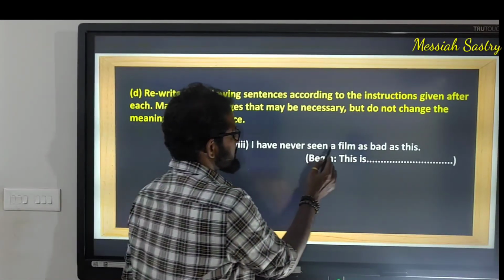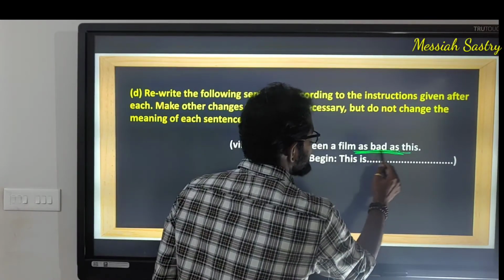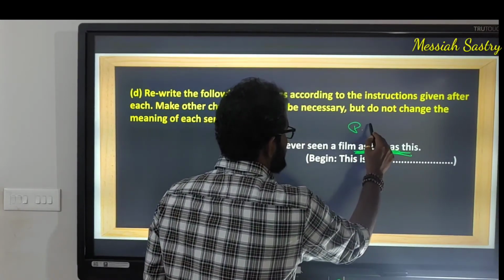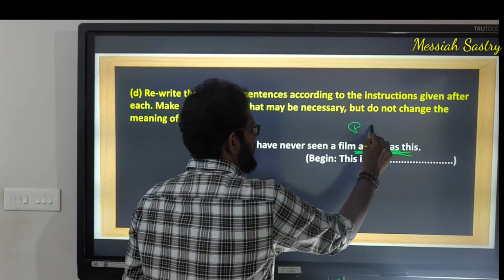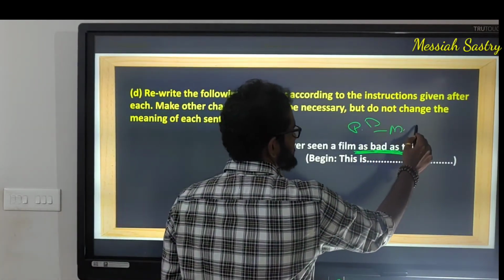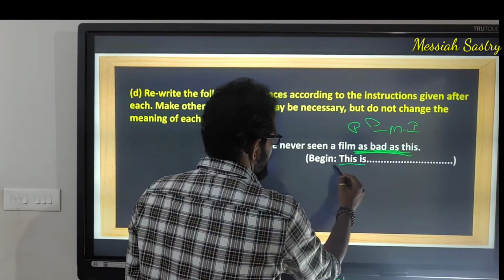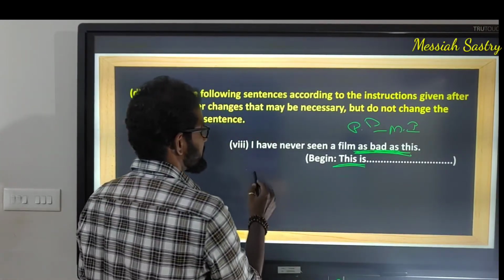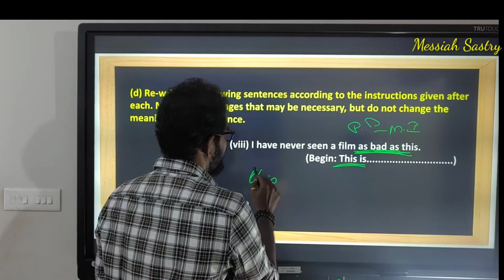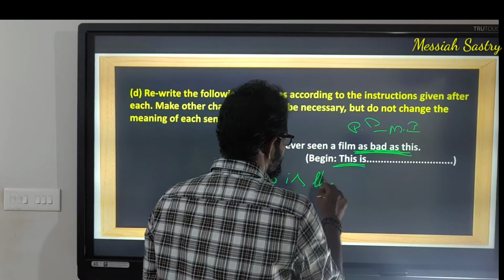I have never seen a film as bad as this. As bad as this, so this is a plain or positive degree. Model 1. It asks us to begin with this is. We are writing first with the superlative.